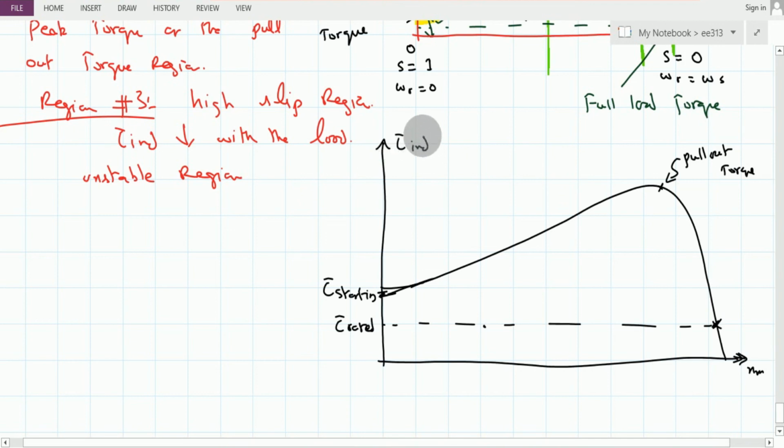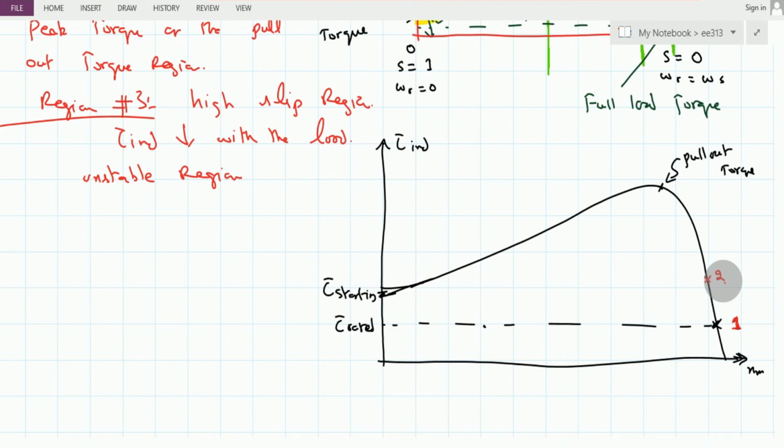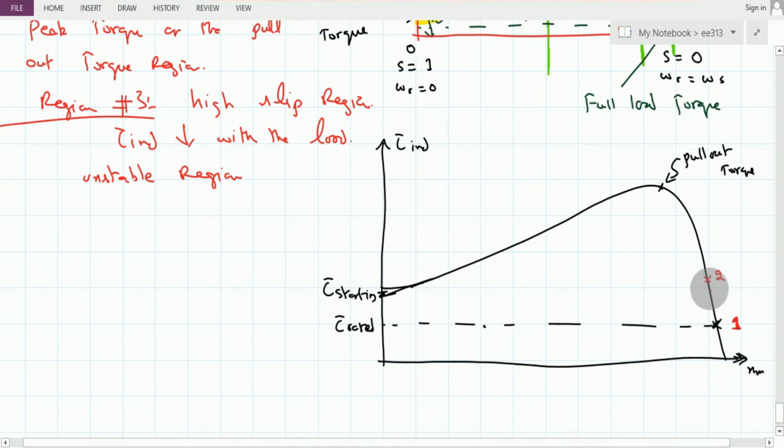Now suppose that the motor is operating at this point number 1, and due to certain reasons it moves to this point number 2, right? Due to some disturbance in the machine, the motor operating point shifts to point number 2. Now what is happening here?